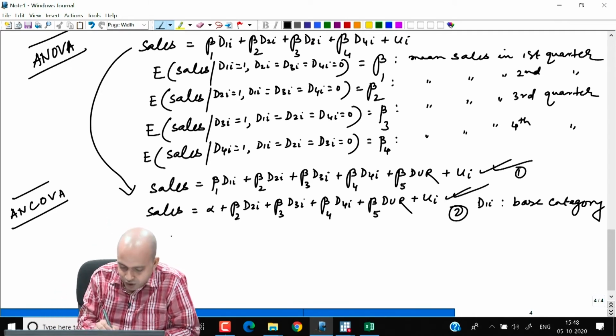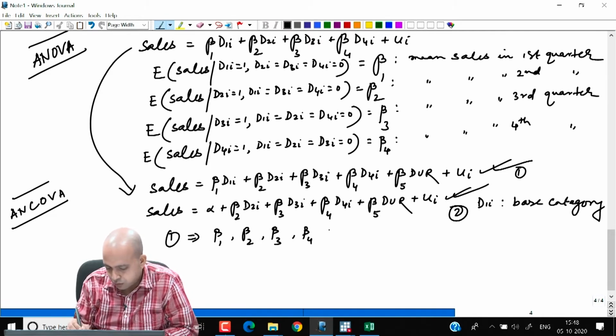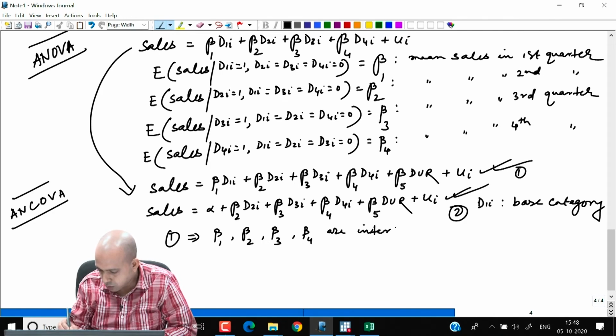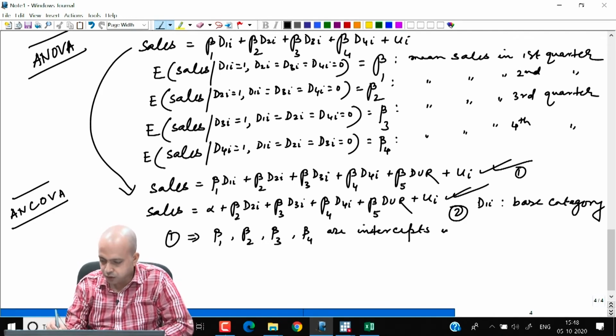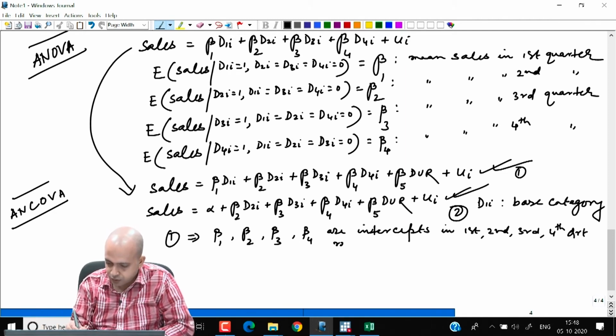Okay, so in model 1, beta 1, beta 2, beta 3 and beta 4 are intercepts in first, second, third, fourth quarter respectively.